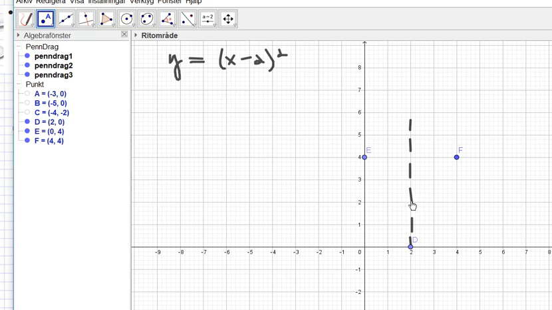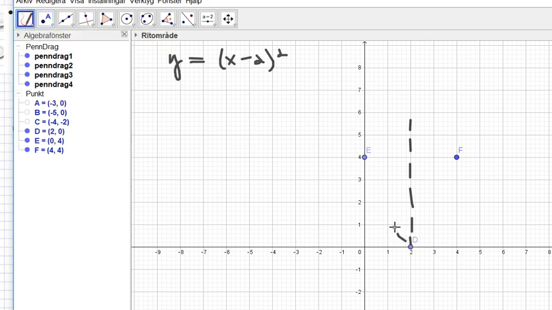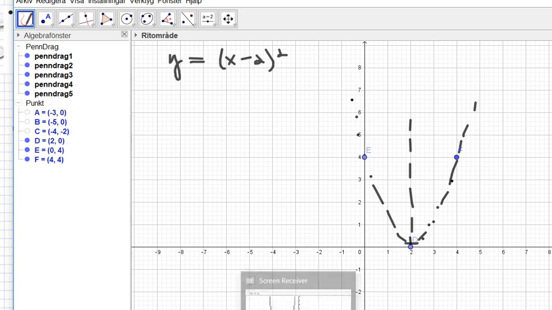It divides the parabola into 2 equal parts. Then you can see that our graph will look like this. It's not perfect, but you can see the pattern.